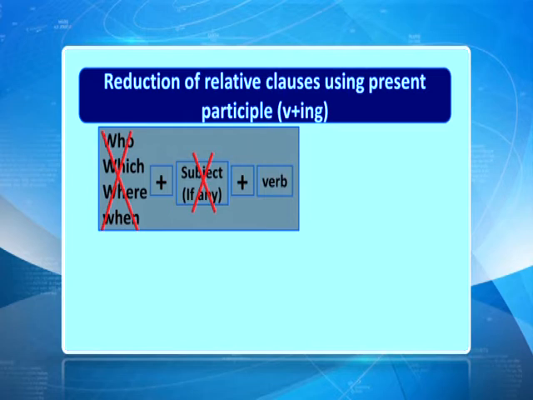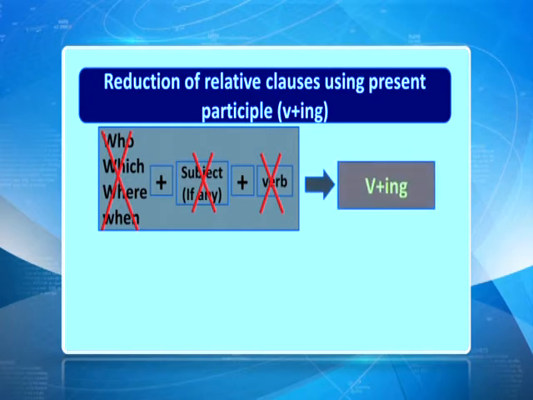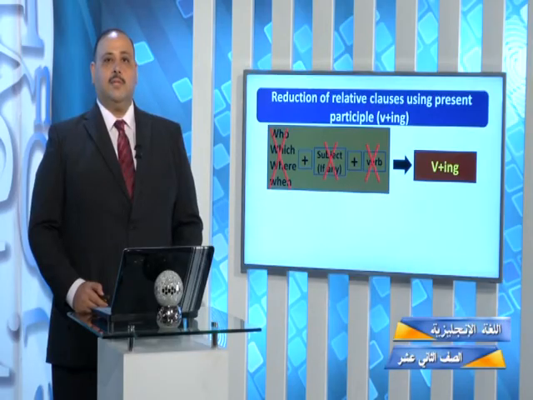And then we move to the verb. What should we do with the verb? The verb also should be deleted, and then we get the main verb or the infinitive form plus ing. So remember, we delete the relative pronoun, we delete the subject if there is a subject, and we come to the verb, get the base or the infinitive form plus ing.